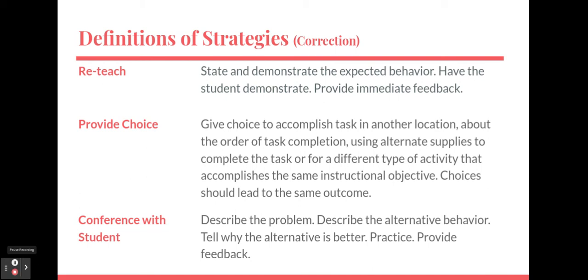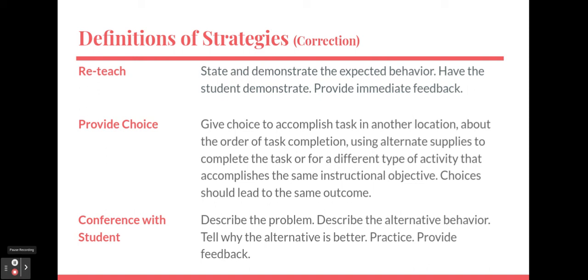You may want to give a choice for a student to accomplish a task in another location, maybe complete a task in another order, or use alternate supplies to complete the task. And lastly, maybe offering a different type of activity that accomplishes the same instructional objective.